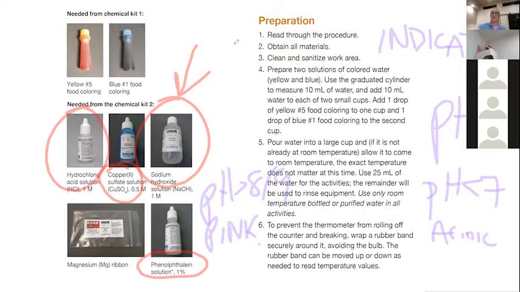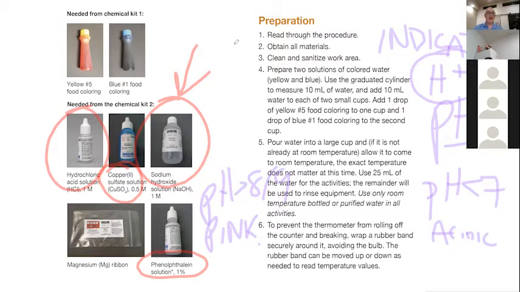pH is just a measure of how much H+ there is in solution. That's what the H is in pH: the concentration of H+ ions in solution. Acid releases H+ ions, and bases generally absorb them.